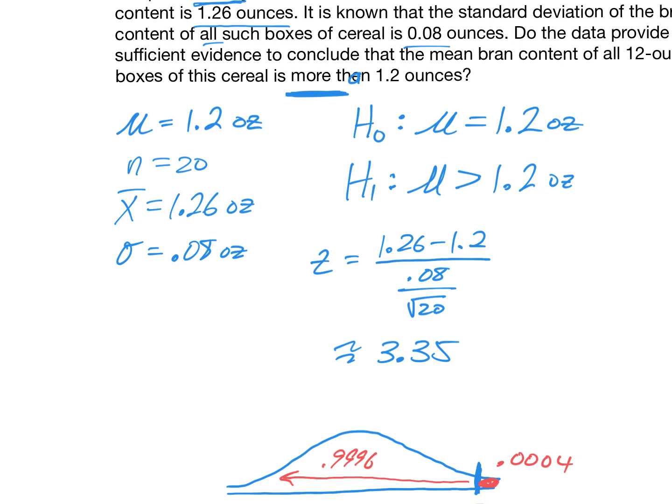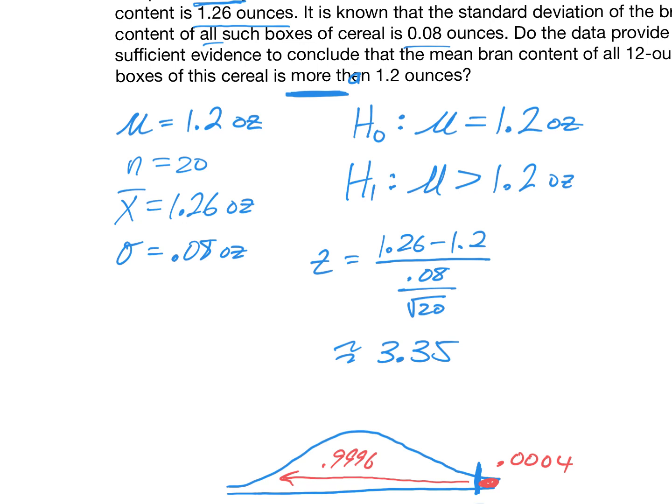So in this problem, I would give you actually 20 data pieces that you would add together, divide by 20, and you would get 1.26. That's the worst thing that the book can do in comparison to what I have done. But you will receive those 4 bits of information: the population mean mu, the number in our sample n, the sample mean x bar, and sigma, the population standard deviation.